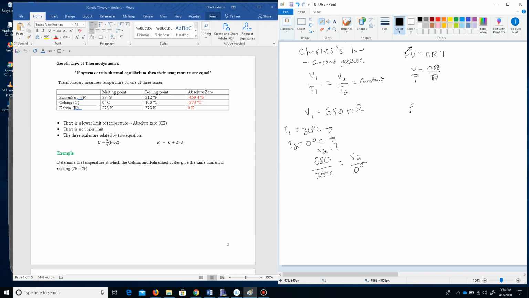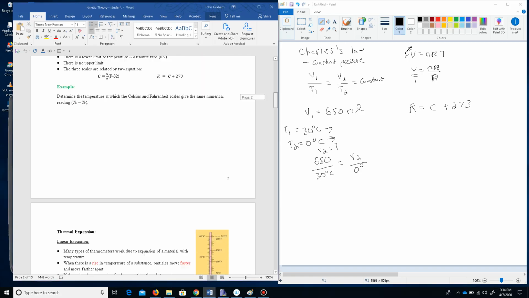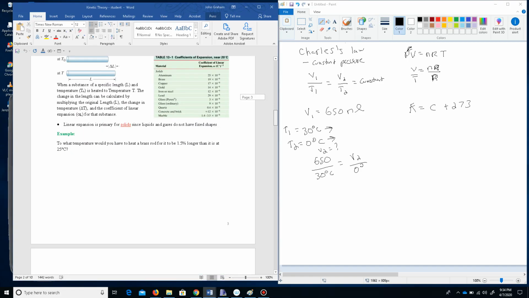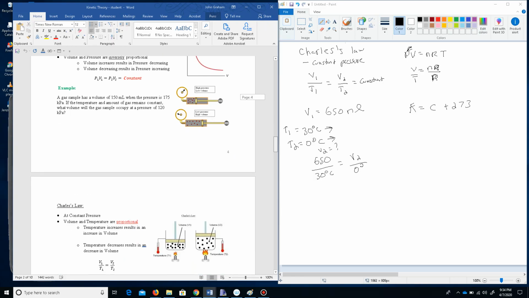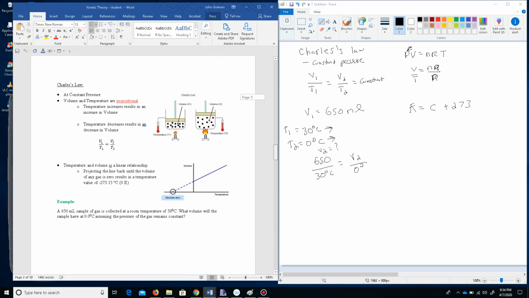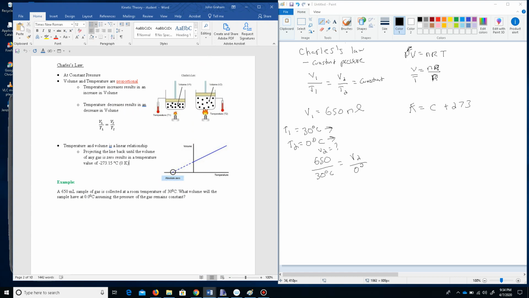K equals C plus 273. So the temperature here is 273, that's 0 plus 273, and 30 plus 273 is 303.